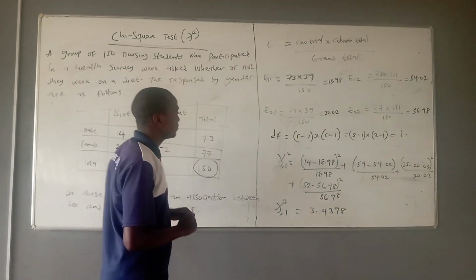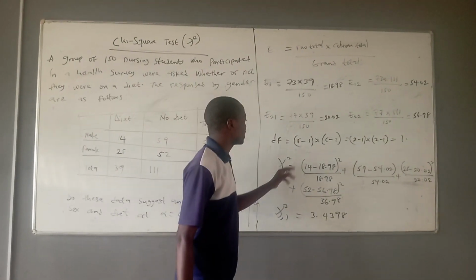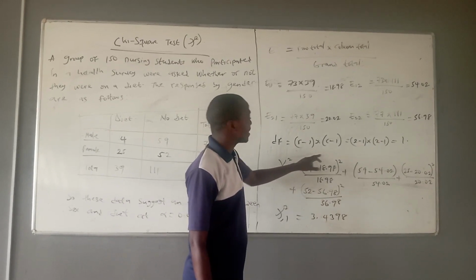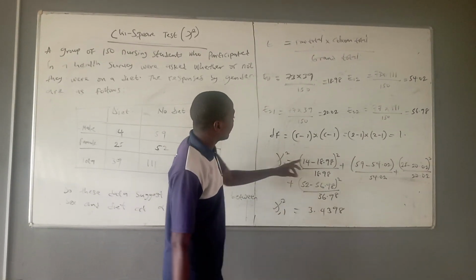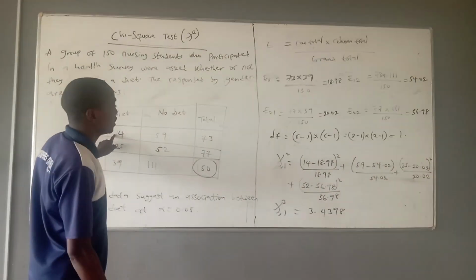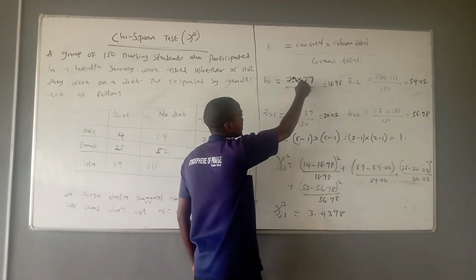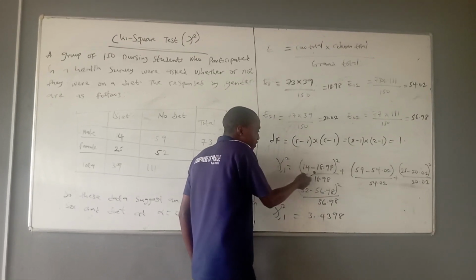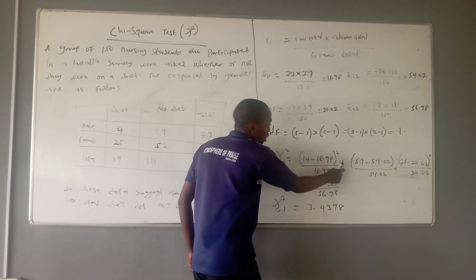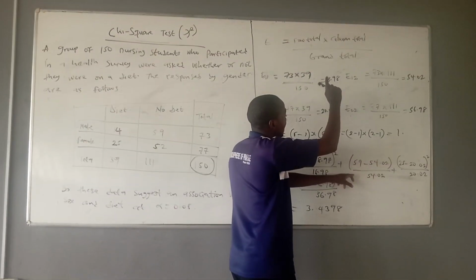Now the chi-square, don't forget that the formula for chi-square is the summation of observed minus the expected, squared, all over the expected. The first observation here is 14. So 14 minus its expected, which is 18.98, squared, divided by the same expected. Plus, we move to the next one, cell 2.